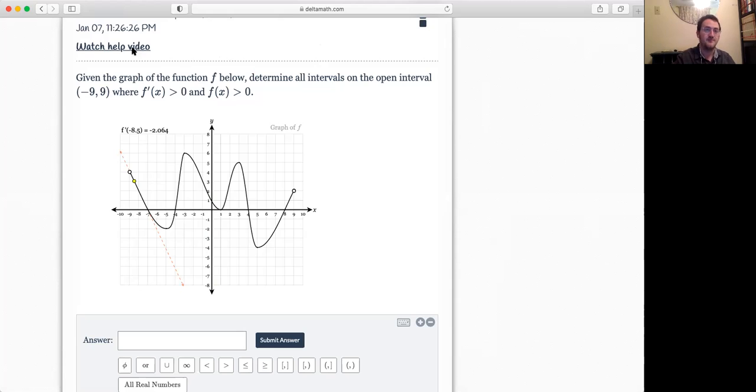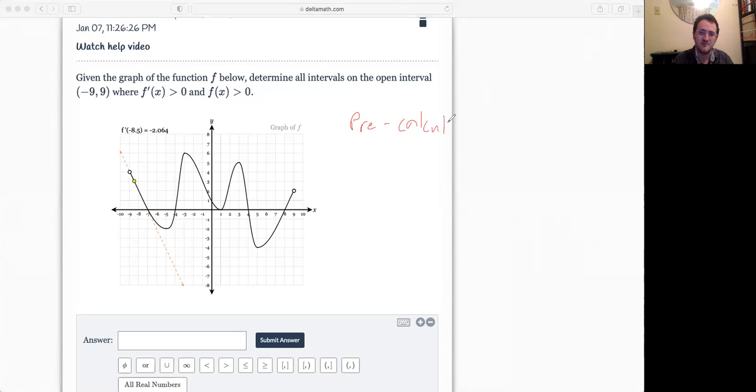Now, this looks like Greek a little bit. My advice to you is to turn this into a pre-calculus problem.